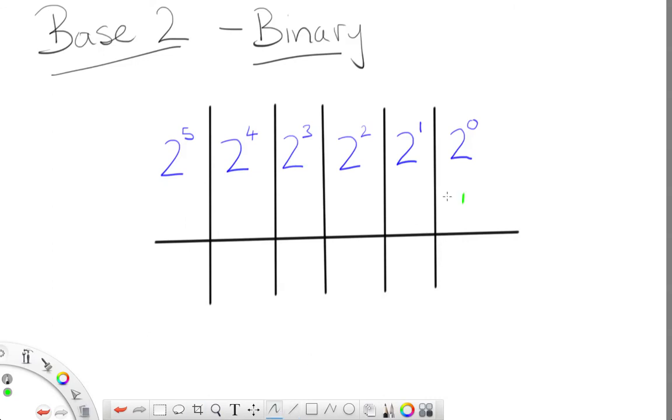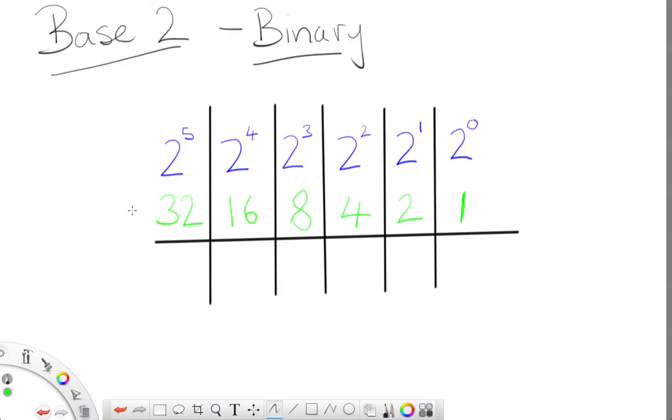is 1. So the first column, just like in base 10, is the 1s. 2 to the power of 1 is 2. So the next column isn't 10, as it was in base 10, it's 2. The next one is 2 to the 2, which is 4. What you'll notice is that just like in base 10, where every time you times by 10 to get to the next column, in base 2 you times by 2. 1 times 2 is 2, 2 times 2 is 4, 4 times 2 is 8, 8 times 2 is 16, and 16 times 2 is 32.